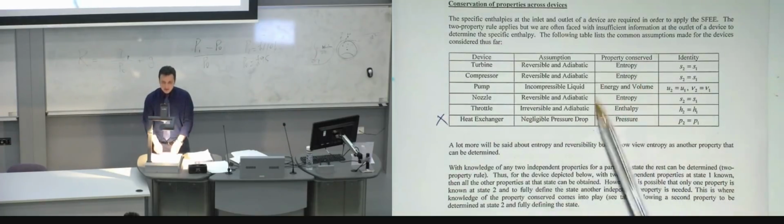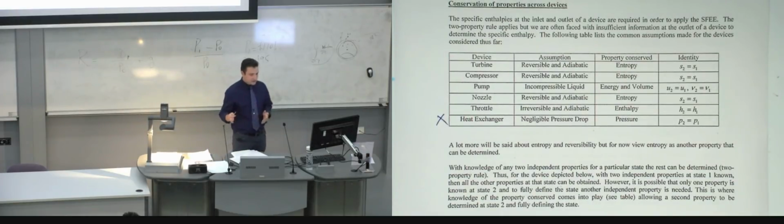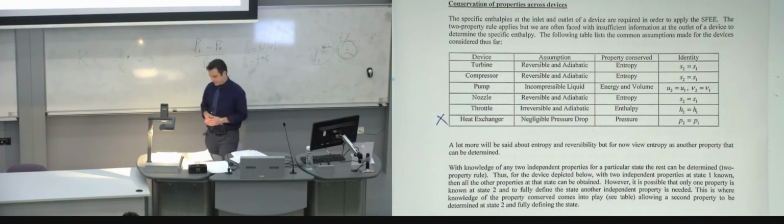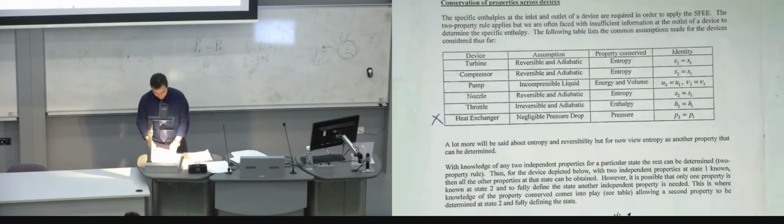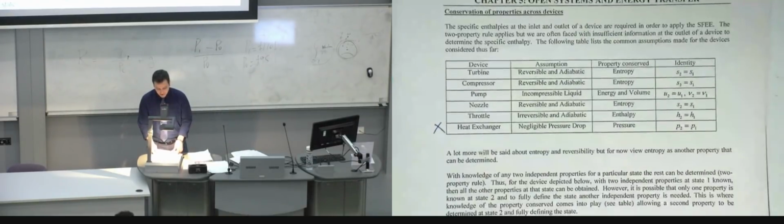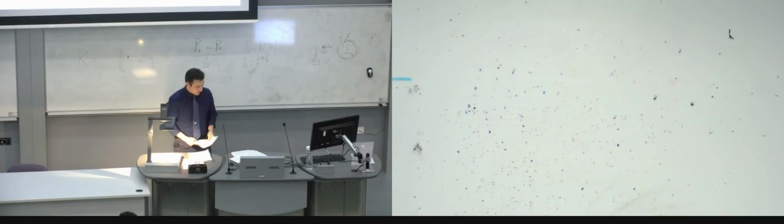Just remember to come back to this table when we've done some entropy, and then a lot of this will make a lot of sense. So make a note for yourself that we'll come back to this. Before we move on to the next chapter, are there any questions? Okay, good. Let's move on to the new chapter, which is on gases.